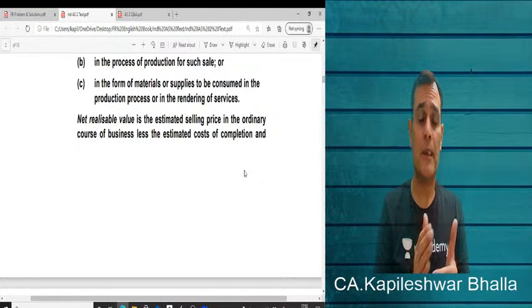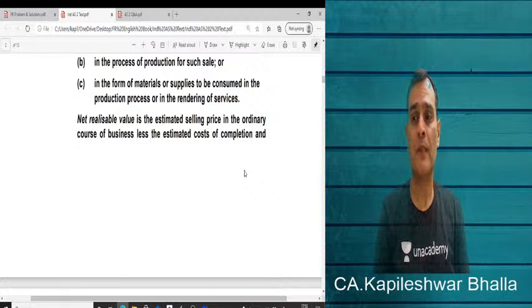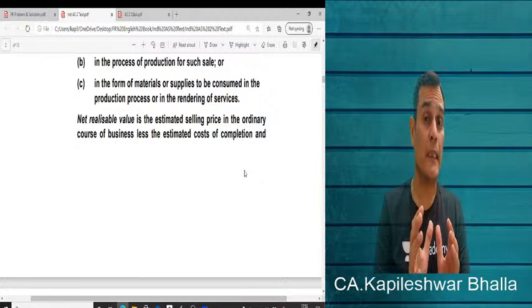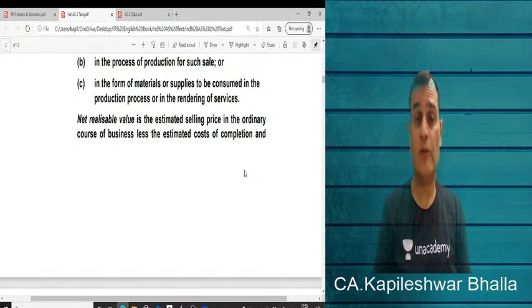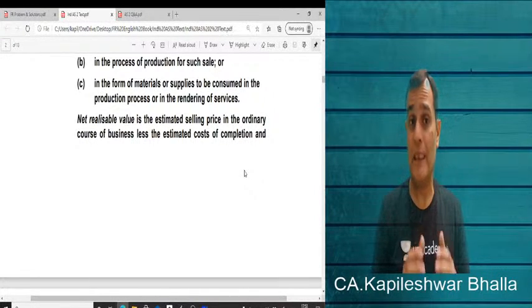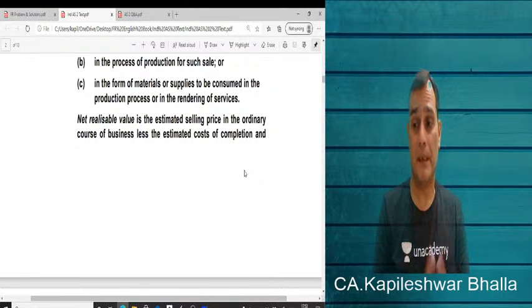But imagine that when you measure the net realizable value of the inventory, apart from looking at the most recent sale near the balance sheet date, you would also incorporate the events which have taken place after the reporting period. So the impact of Ind AS 10 is also to be taken into account, and that is the reason the definition of NRV uses the word estimate.